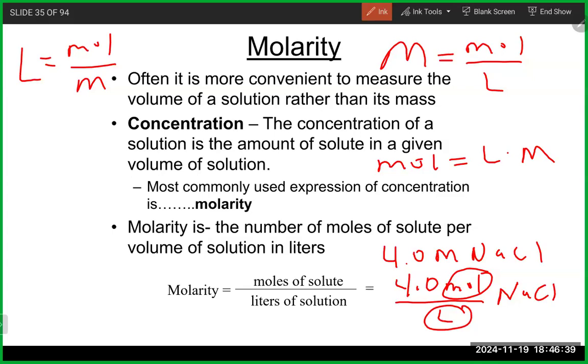And more importantly, hopefully it will allow you not to screw up the calculation because, as I mentioned previously, it's super common. People leave the big M and all they think about is moles, with no idea about the volume part of it. So if you put both of those units in there and do it as a dimensional analysis sort of calculation, it will actually do the rearranging of these equations for you. If you just do opposites cancel in terms of the units, you don't have to worry about it.